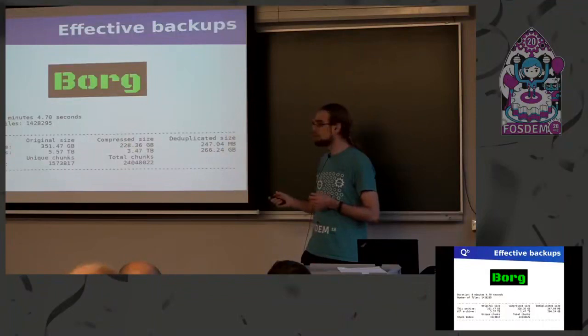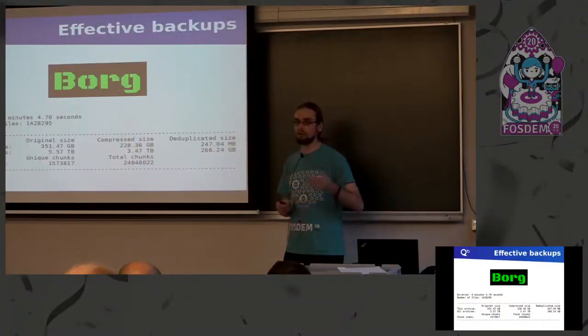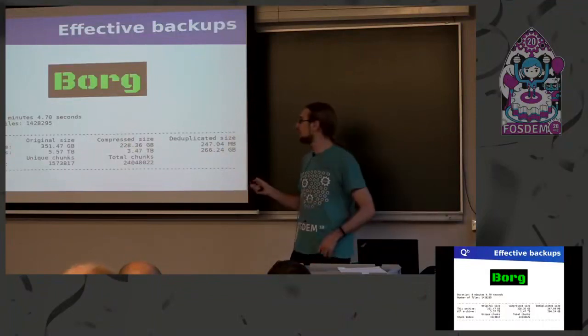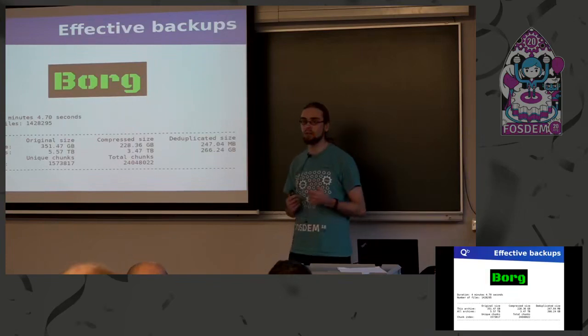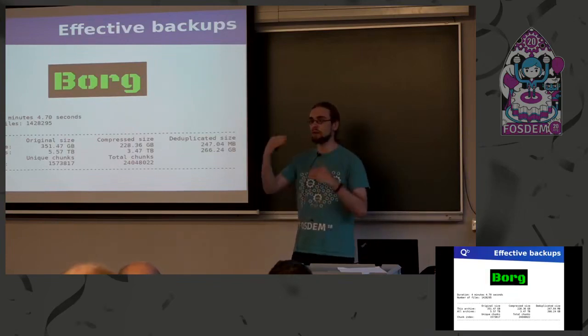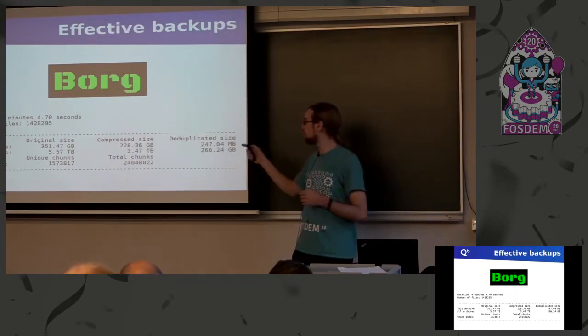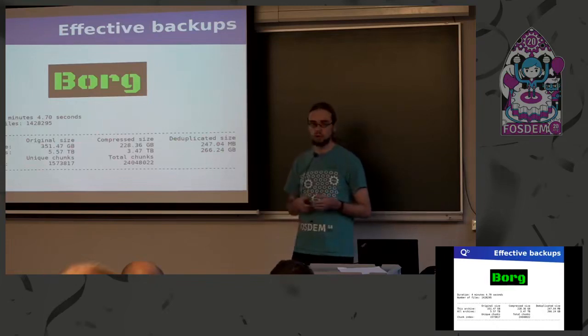So this is my last backup, and of course I had previous backups. In this last backup of 350 gigabytes, only 247 megabytes were changed between the previous backup and this one, so it only stores 247 megabytes of new data on the disk.